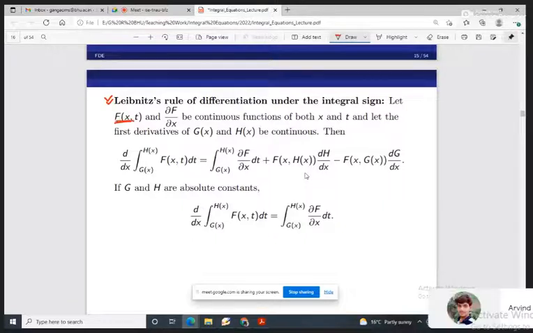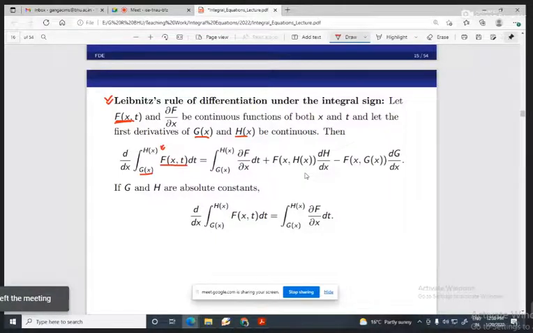The function f and its partial derivative of f with respect to x are both continuous functions of both variables x and t, and let g(x) and h(x) also be continuous functions. Then how to calculate this integral d/dx of the integral from g(x), the lower limit as a function of x, to h(x), the upper limit also a function of x, of the function f, which is continuous in both variables x and t.